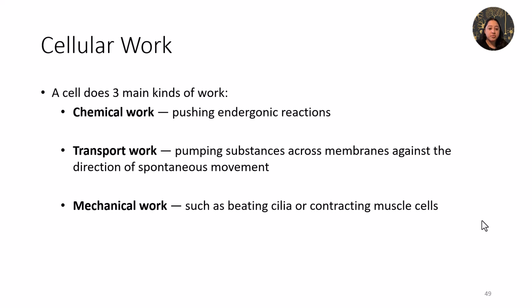Transport work, so pumping substances across the membranes against the direction of spontaneous movement, in active transport. And then also mechanical work, like when cells have structures like cilia or flagella, that takes energy to move those things. Or contracting muscle cells, that takes energy in a mechanical sense.